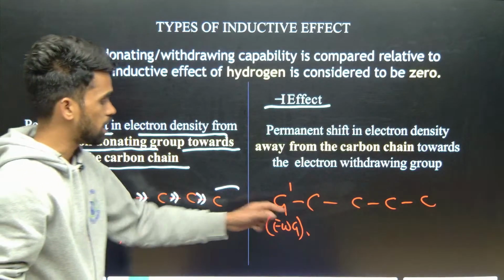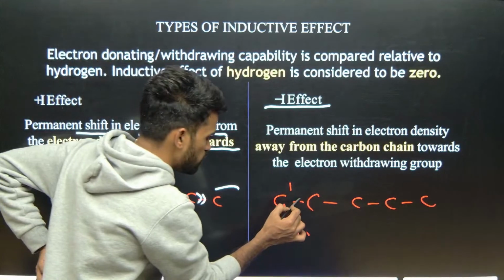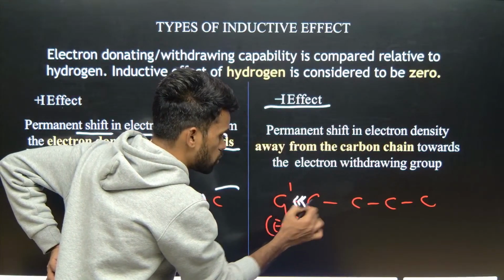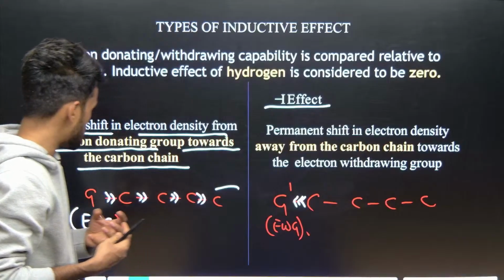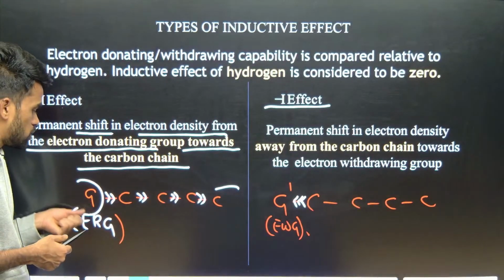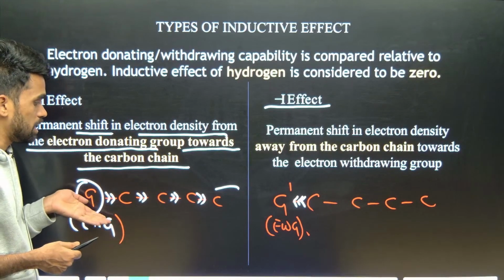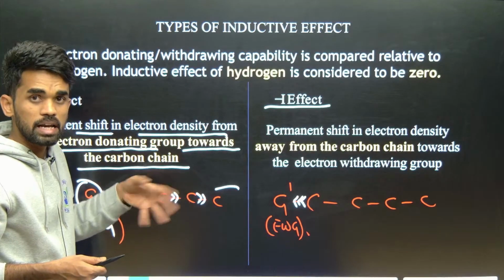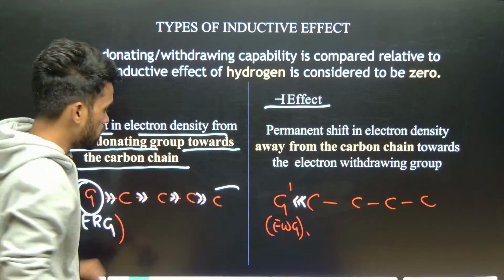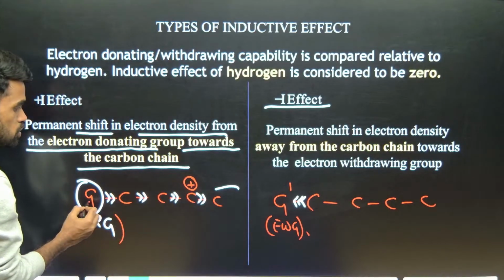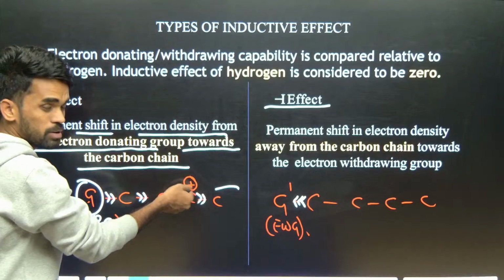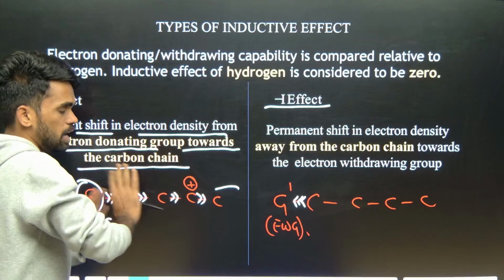But an electron withdrawing group withdraws electrons from the carbon chain towards itself. So if any electron releasing group is present, it increases electron density in the chain. If any positive charge is there in the chain, then electron releasing groups help that carbon with positive charge by donating electrons.